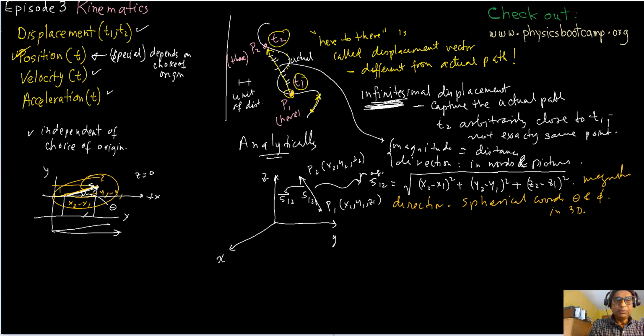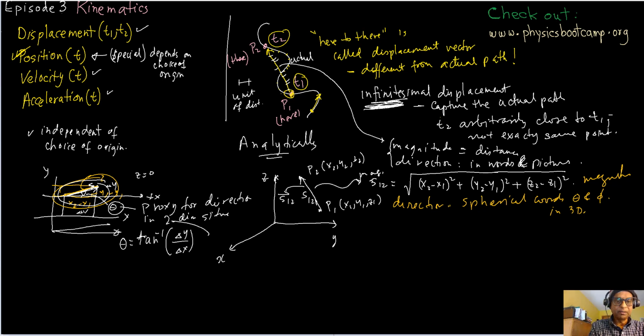So this angle can be a proxy for direction in a two-dimensional situation. And you can see from this triangle, it's the arctangent of delta y over delta x.